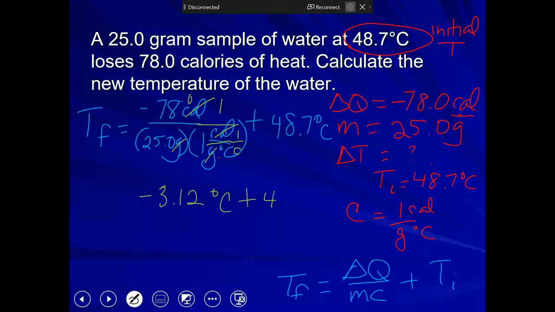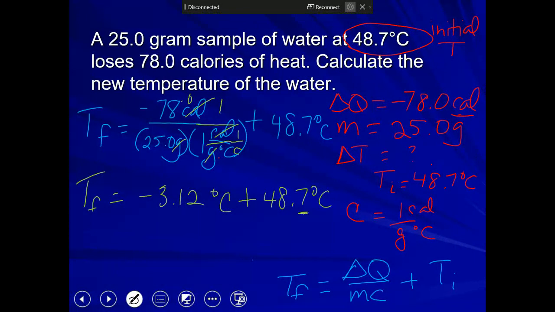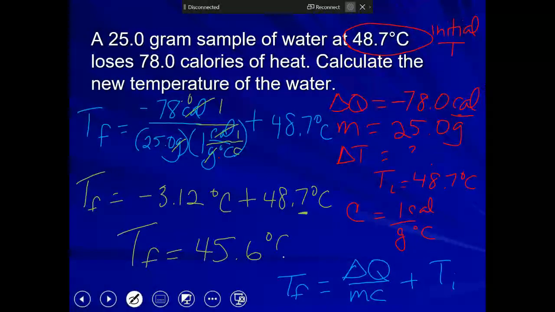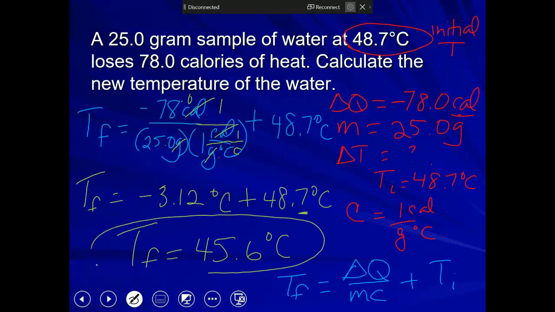I have to add to that 48.7 degrees Celsius, and those two give me the final temperature. Now, when I add them, look, I only know this one to the tenth, so I can only keep my answer to the tenth. And when I add them together and keep my answer to the tenth, that's what I get. So that would be the new temperature.